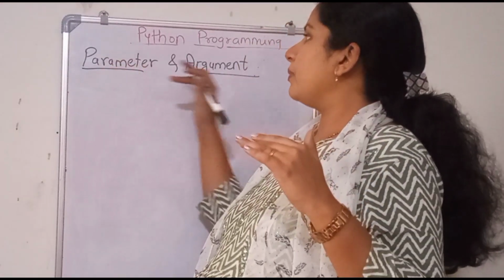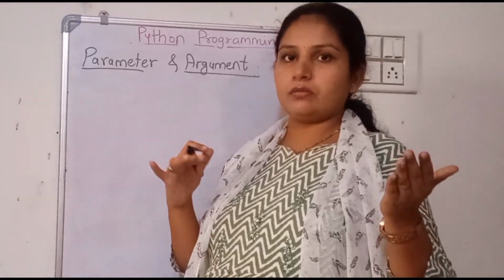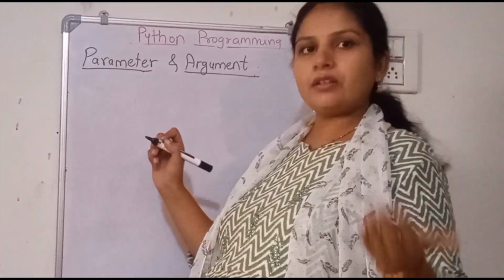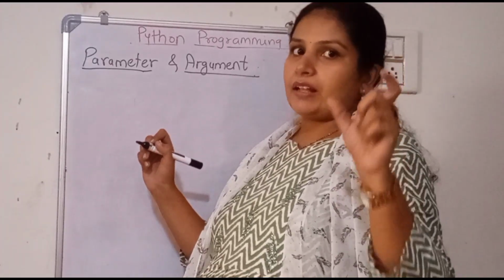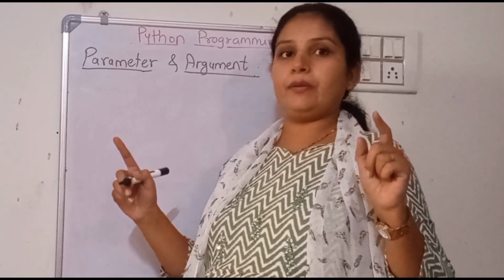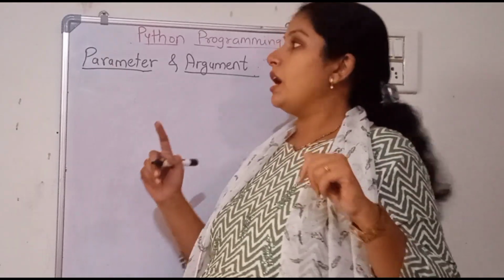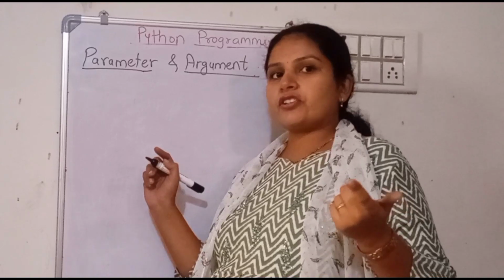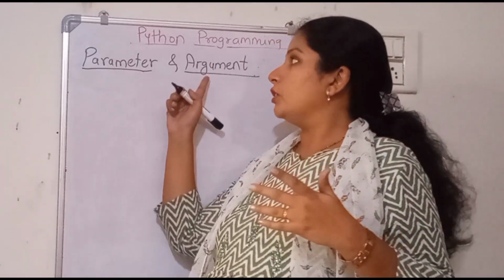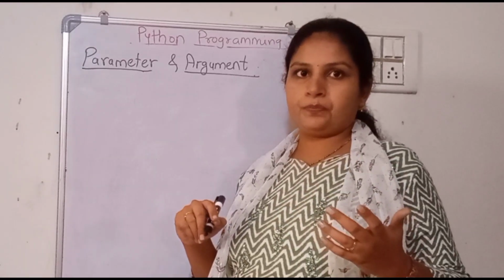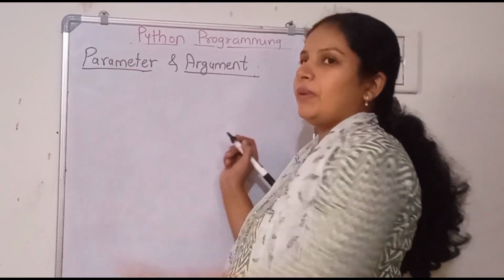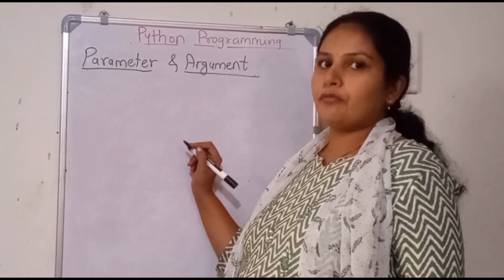When you are defining the function, the names you are using are called parameters. While calling the function, whichever values you are passing are called argument values. So basically you are passing the argument to the parameter while calling the function.